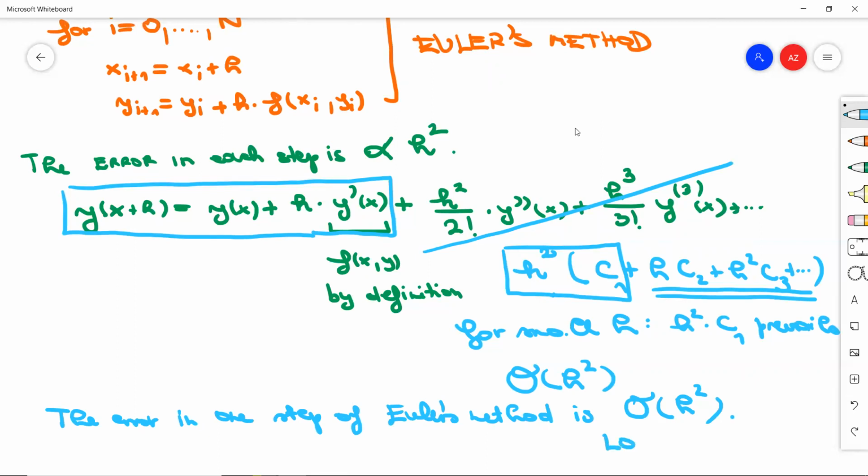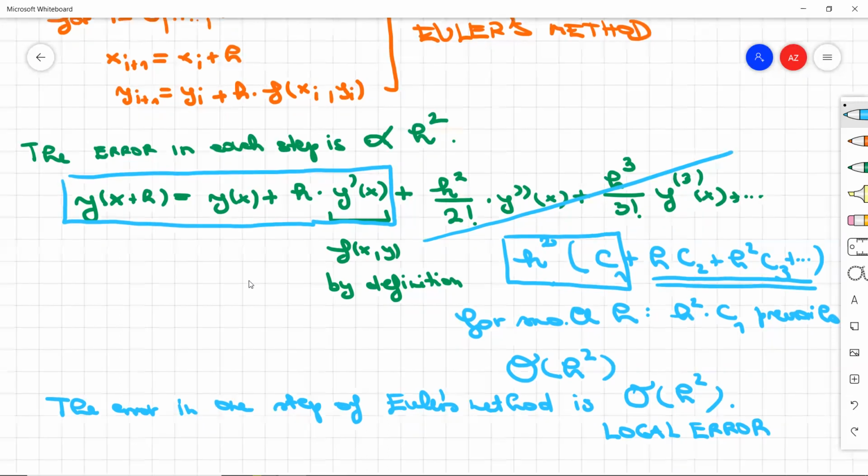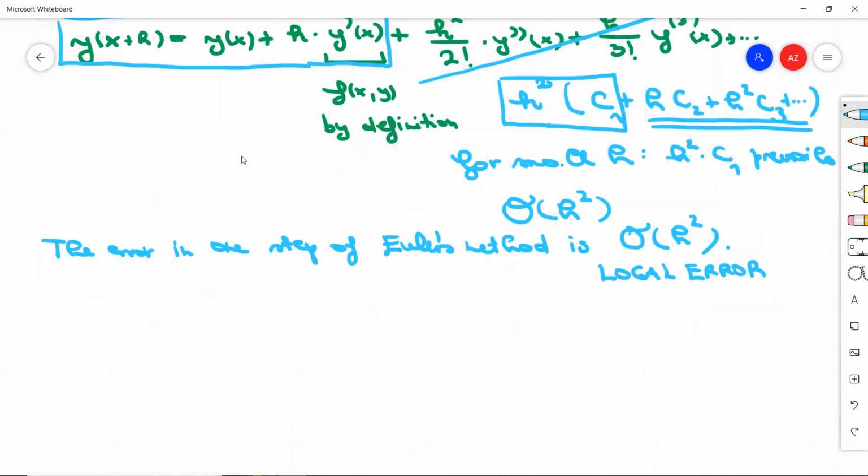This is of course the local error. That's why we say that Euler's method is an order 2 method.